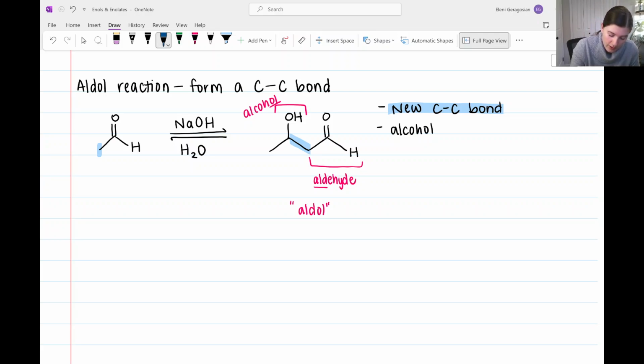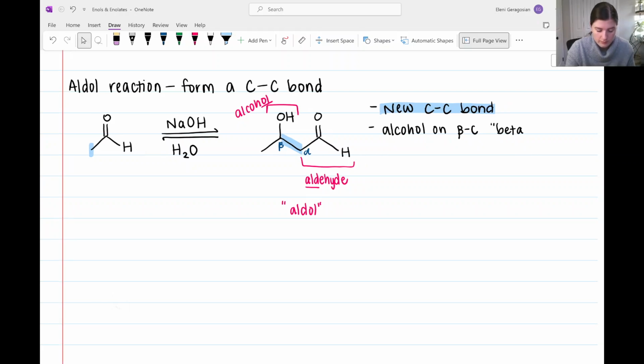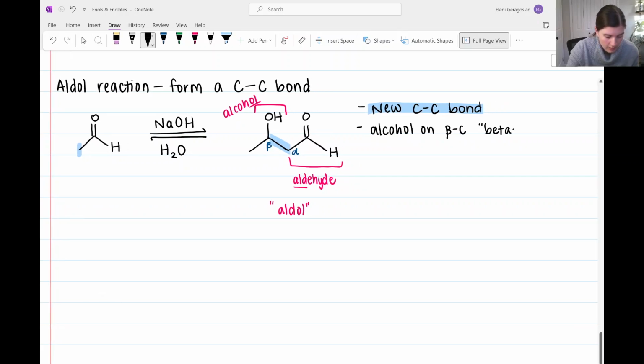Relative to the carbonyl, the adjacent carbon is the alpha carbon, one carbon over is the beta. Sometimes these are called beta hydroxy groups. Remember, hydroxy is another word for alcohol.